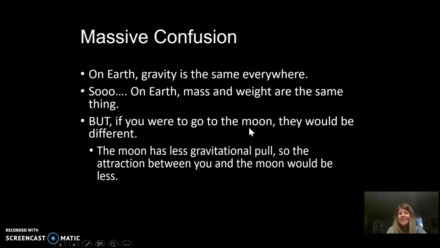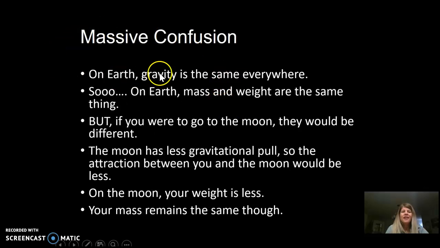All right, last slide here, friends. It's confusing, and I know it is, but I have one more thing that I'm going to show you, and hopefully it'll help to clear up the difference between the two. Here's one last slide, and remember, on Earth, gravity is the same everywhere. So on Earth, mass and weight are the same thing.